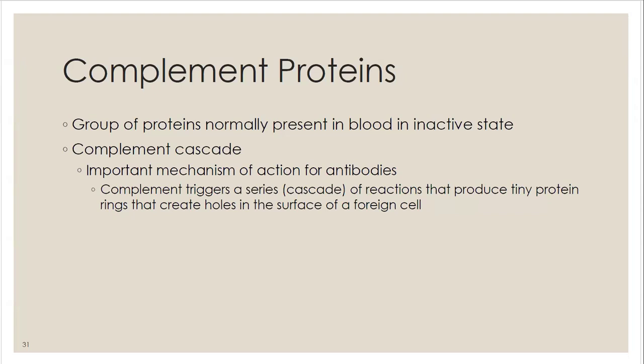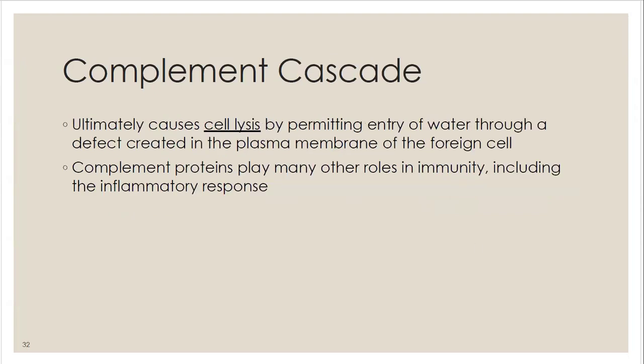These proteins are normally present in the blood in an inactive state, and their activation leads to defense mechanisms known as the complement cascade. In the inactive state, the complement proteins circulate in the bloodstream, ready to respond when triggered by pathogens or antibody-antigen complexes.